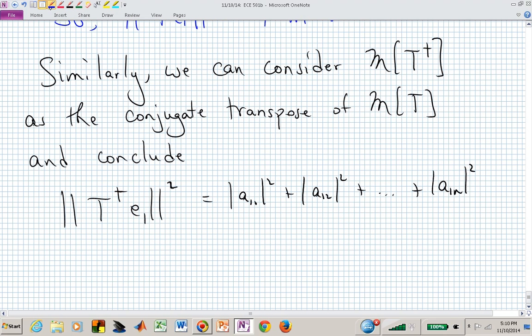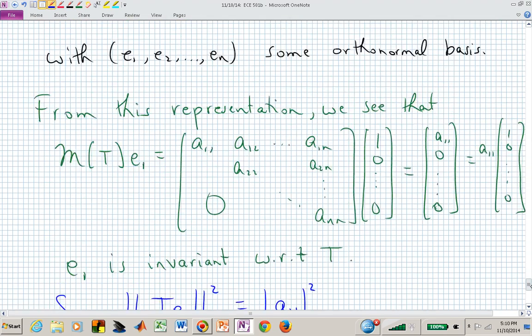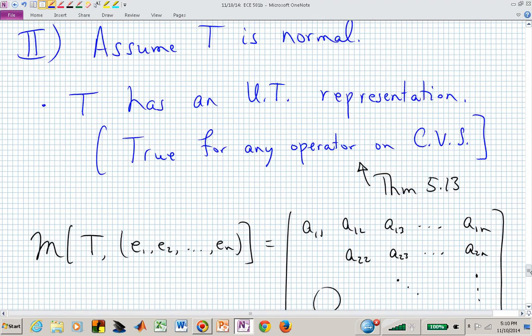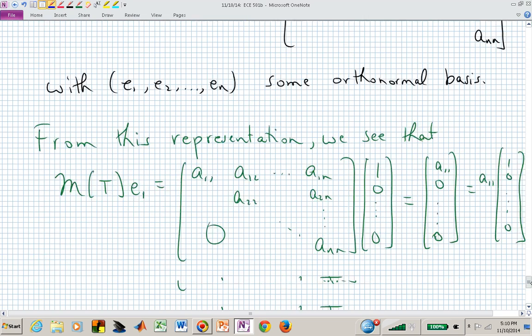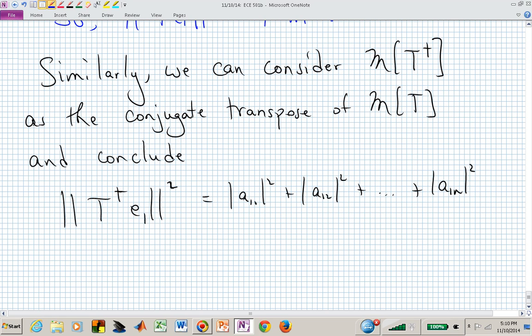Now we have to go back to the very first statement in this line of the proof. T we assumed is normal. If T is normal, there's now a relationship between the norm of T on a vector and T adjoint on that vector.